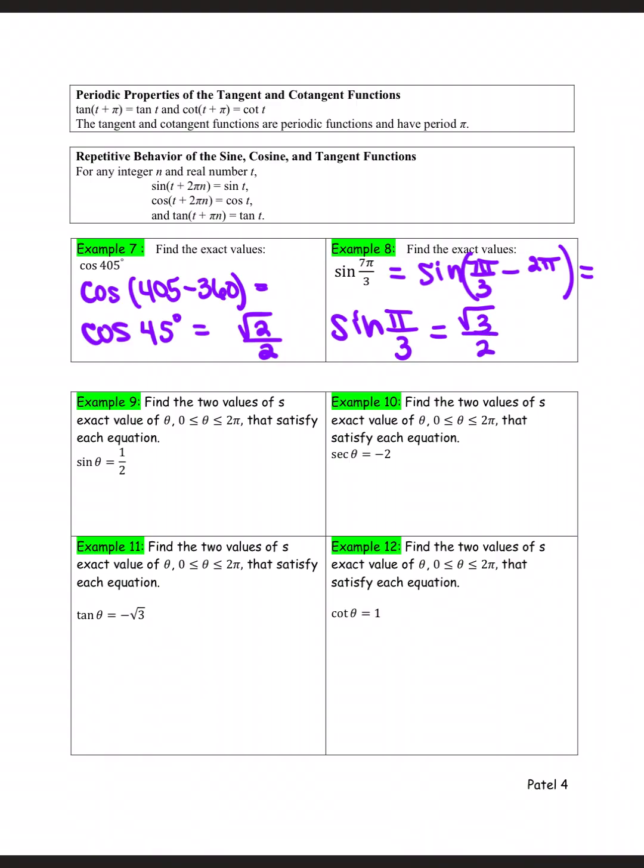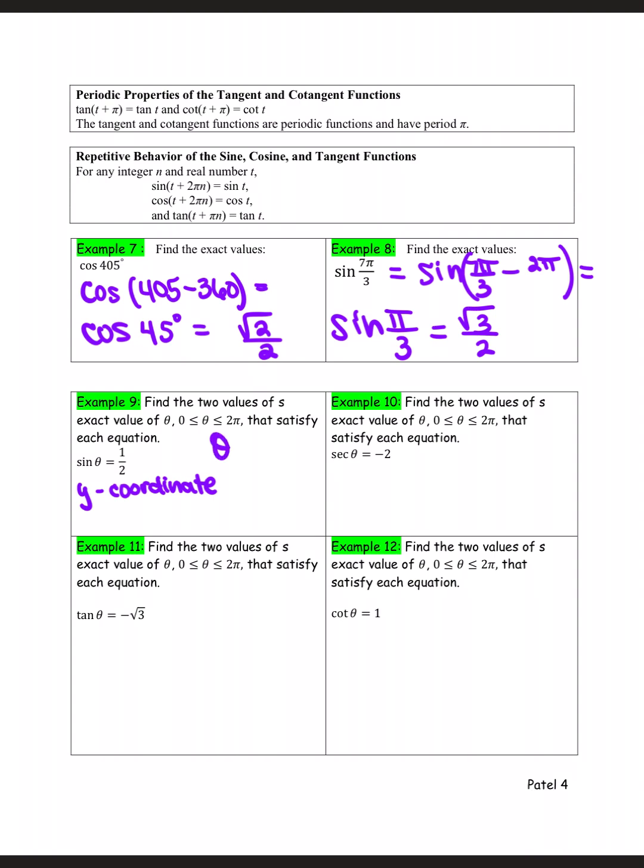Now we're working kind of backwards, and we're looking for the angle between 0 and 2 pi that satisfies sine of theta equals 1/2. So go to the unit circle, look for the y-coordinate. So sine is positive, or y is positive, in quadrant 1. So we have an answer in quadrant 1.